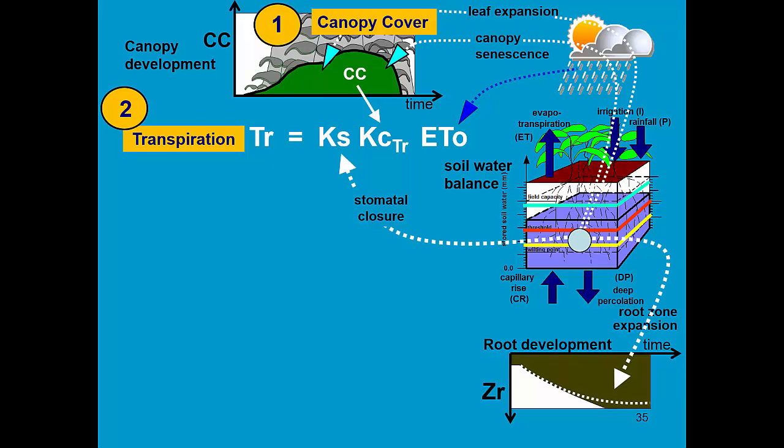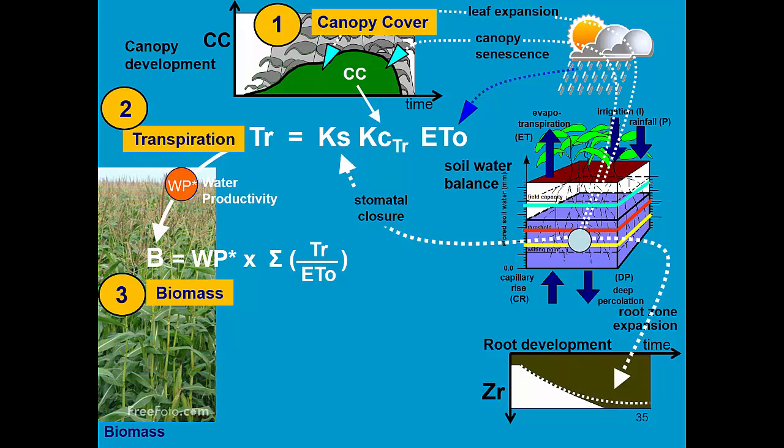So, given the amount of water transpired in step 2, we can calculate the biomass production by knowing the water productivity for the crop. It is the normalized water productivity for the crop. And so we calculate in step number 3 the amount of biomass produced.